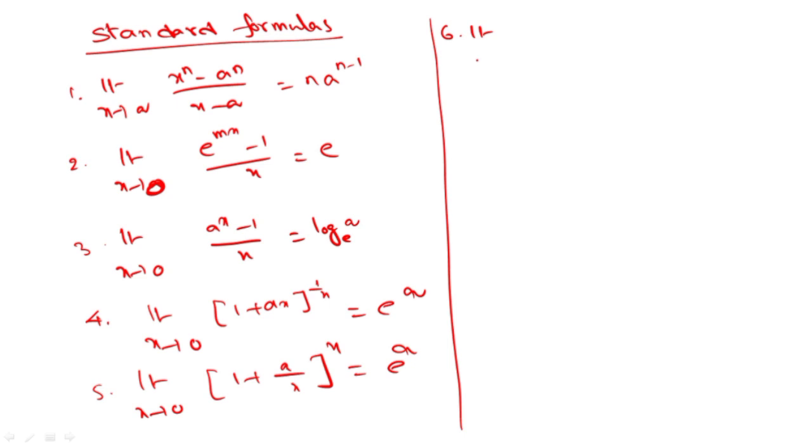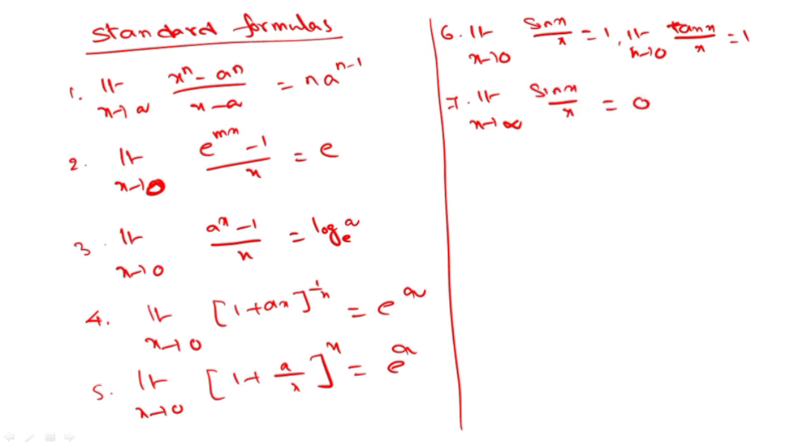Now, limit x tends to 0, sin x by x equals 1. Similarly, limit x tends to 0, tan x by x is 1. And this property you can see now, limit x tends to infinity, sin x by x is 0.